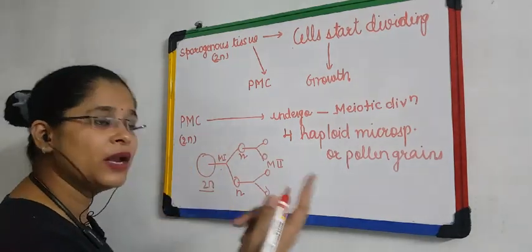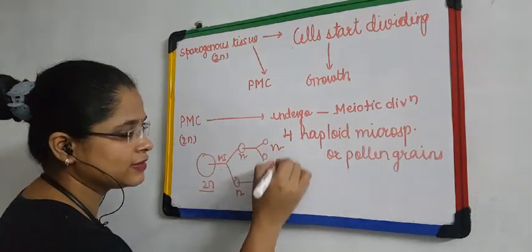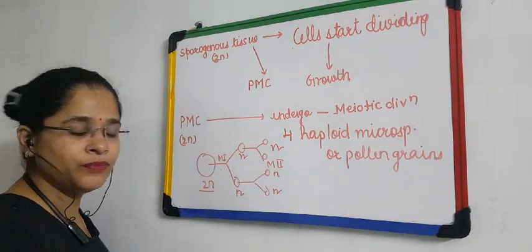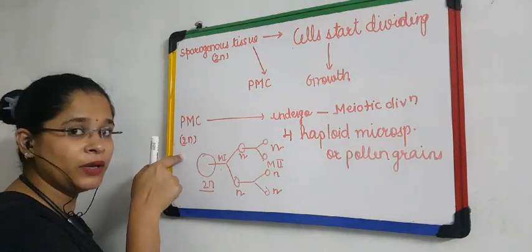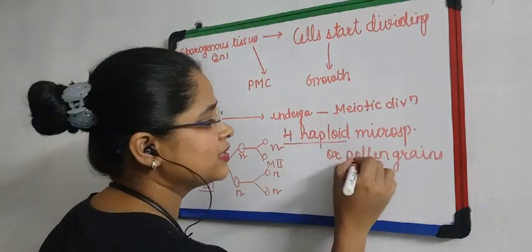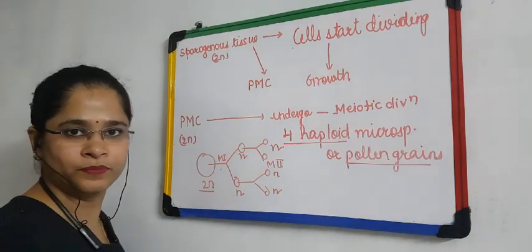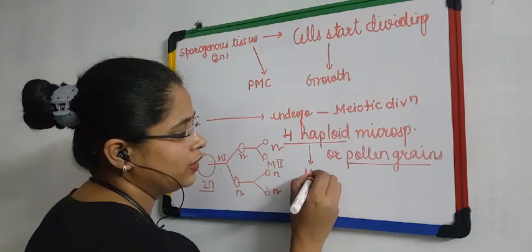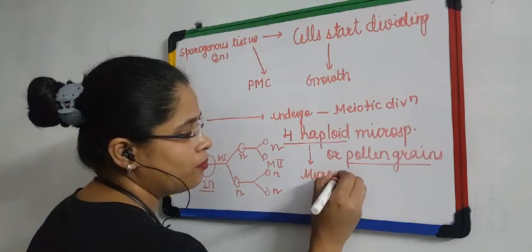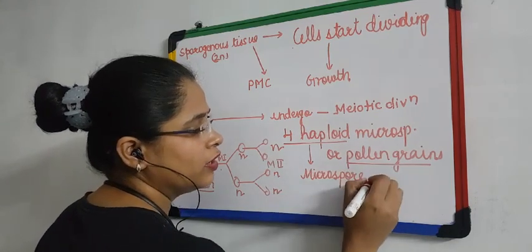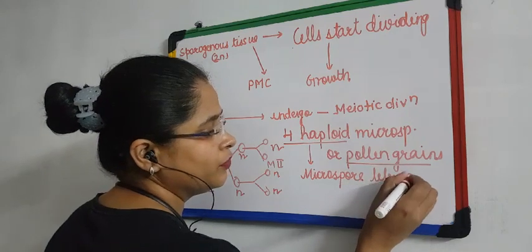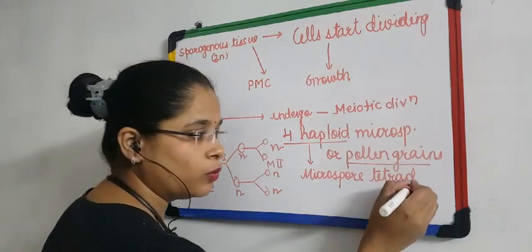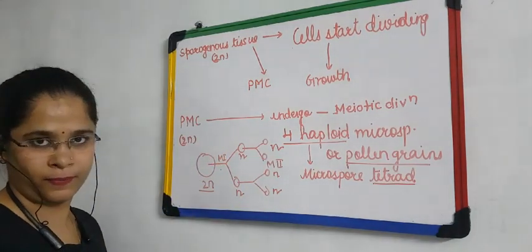We have multiplied the number of N cells: N, N, N, N. Clear? So from 1 PMC, how many haploid pollen grains are formed? 4. The arrangement of these pollen grains is called a microspore tetrad. They are present in a group of 4, therefore the word is tetrad.